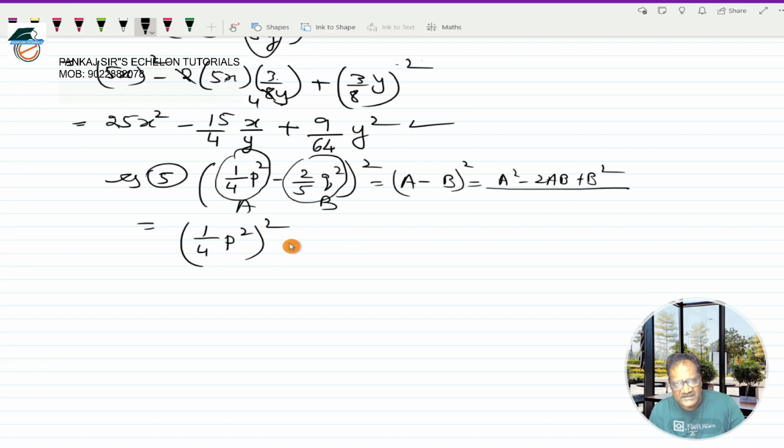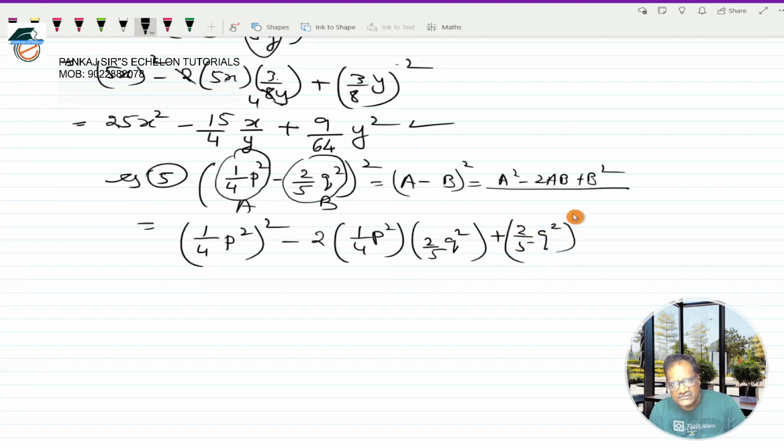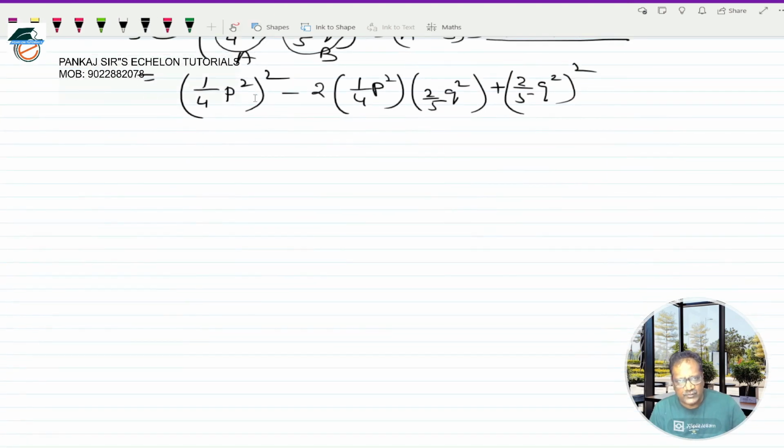This is a square, minus 2 into a is 1/4 of p square, b is 2/5 of q square. Done. Then plus b square, so plus b is 2 upon 5 q square the whole square. Fine. Now let us simplify it more. So equal to, this is 1 upon 4 the whole square will be 1 upon 16.